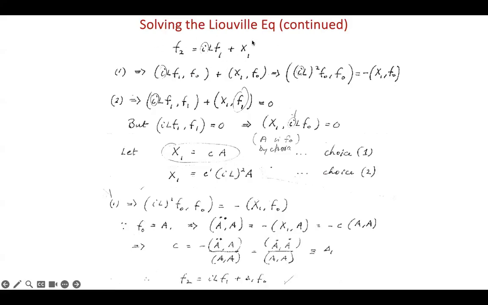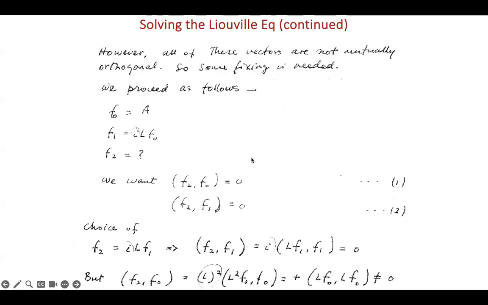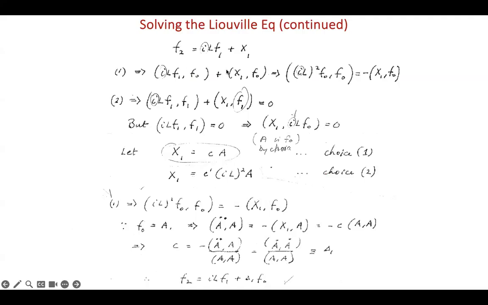So we can find the X1 that will allow me to work with that. So 1 implies IL F1 comma F0 because 1 was F2, F0. F2 is IL F1 already. So IL F1 F0 plus X1 F0, because I don't know what this F2 needs to be to work properly.